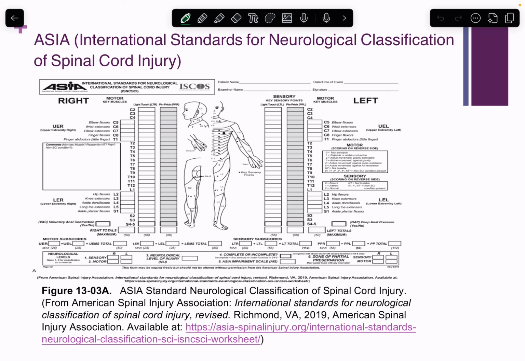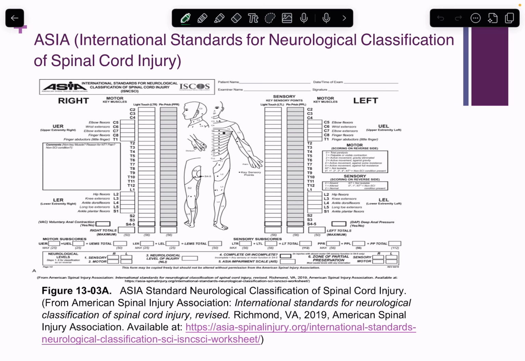For treatment planning, knowing the ASIA grade helps guide rehabilitation and therapeutic interventions tailored to the level and severity of function loss. So the ASIA Standard Neurological Classification provides a detailed framework for assessing and grading spinal cord injuries, allowing clinicians to systematically evaluate sensory and motor functions, make prognostic predictions, and plan effective treatment strategies.